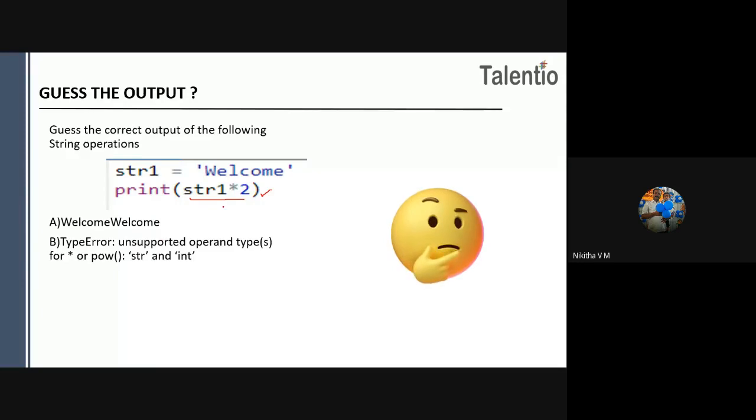So if I'm multiplying it with 2, the entire string will be printed twice. If I multiply it with 3, the entire string will be printed thrice. Is it clear? Okay, so it is option A. Multiplication is possible. Can I go for the next one?